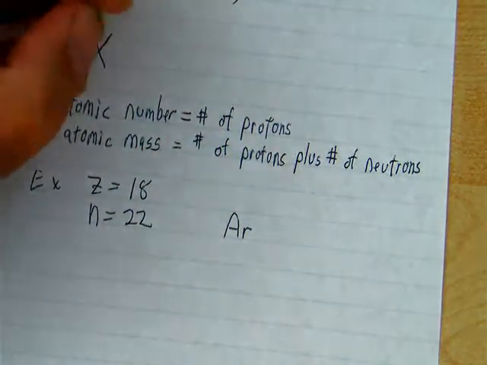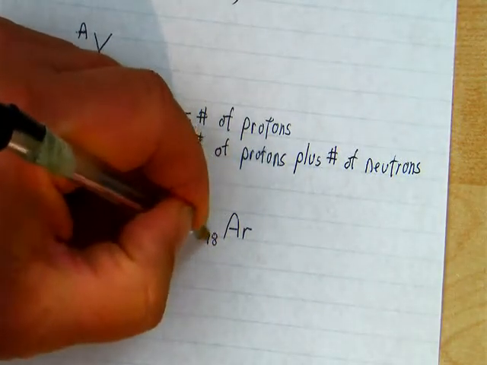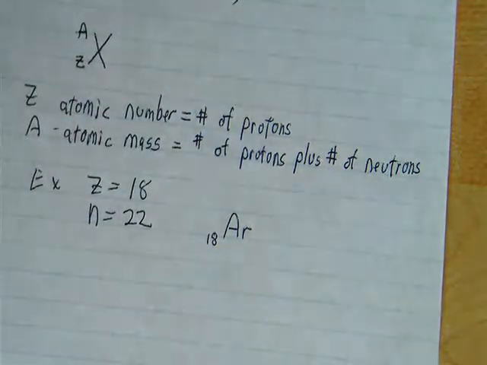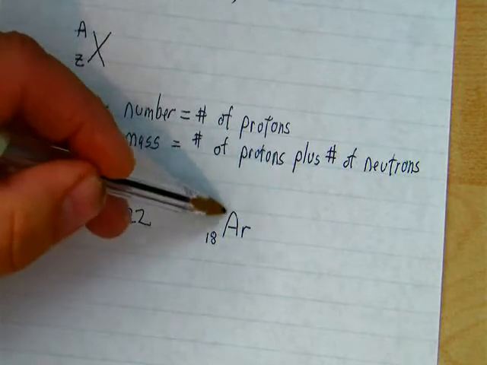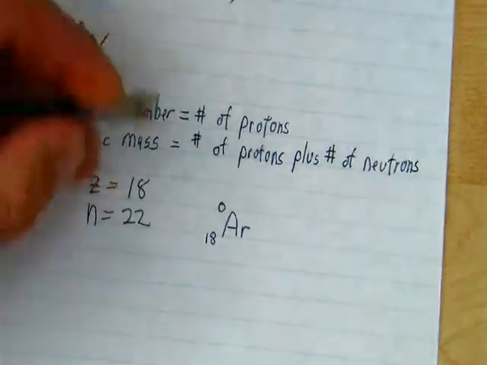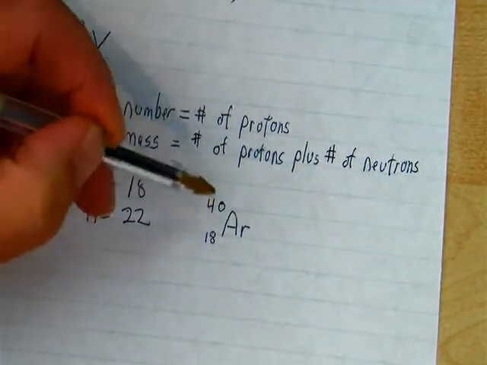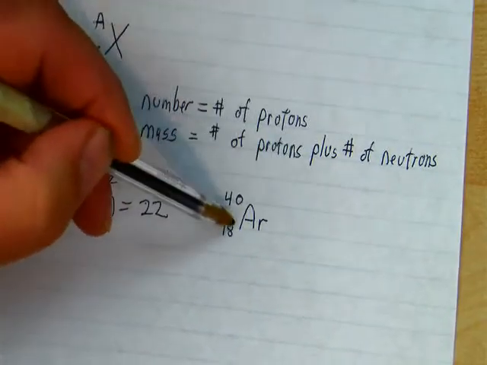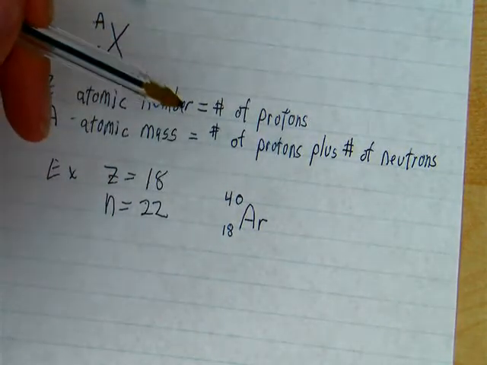If you want to be redundant, you could write the 18 down below, but these both say exactly the same thing. It must be argon. And then for the atomic mass, you add these two together. 8 plus 2 is 10. 2 plus 2 is 4. And so this particular atom of argon has an atomic mass of 40.